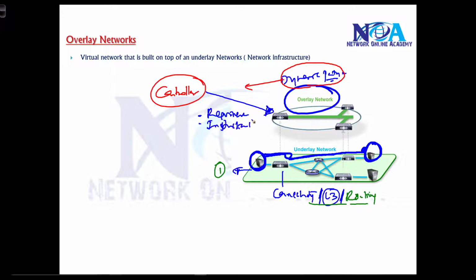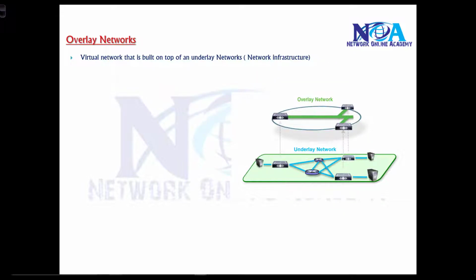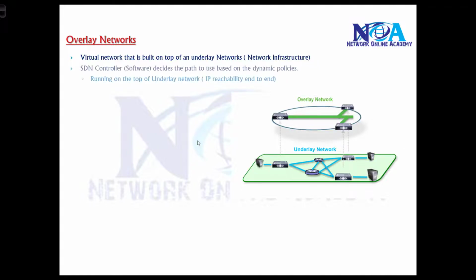Based on those instructions, it is going to use a specific path, and that particular dynamic path which is programmed by the controller, we call a virtual network or the overlay network. In the overlay network, as I said, the SDN controller decides what the forwarding path will be, based on the requirements or the dynamic policies.